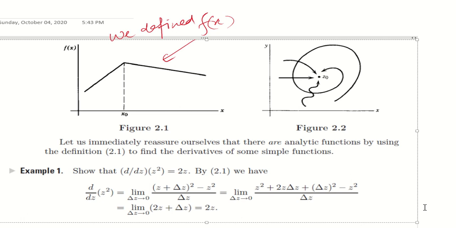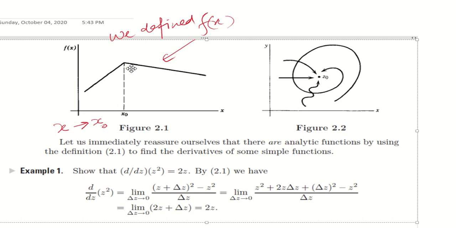We are trying to impose a limit that x approaches x naught. This whole curve is a function, and we are saying that x is approaching x naught, and let's see if this function is defined at this point or not.